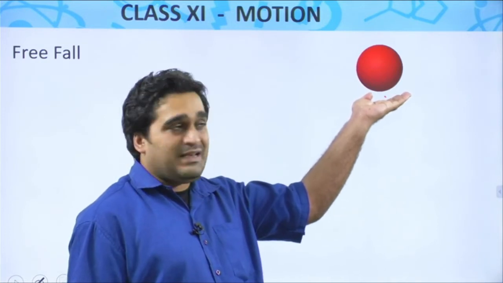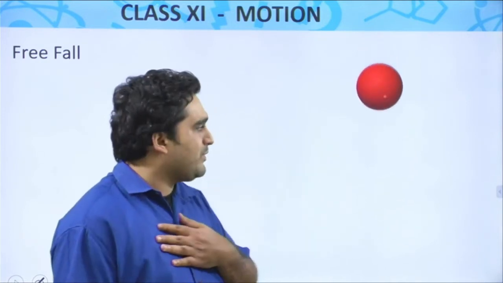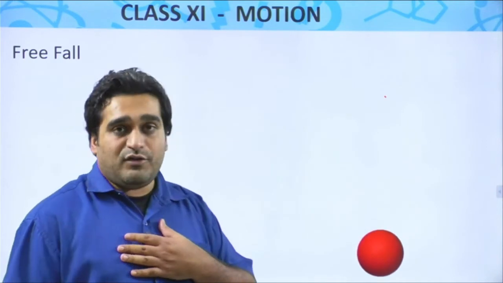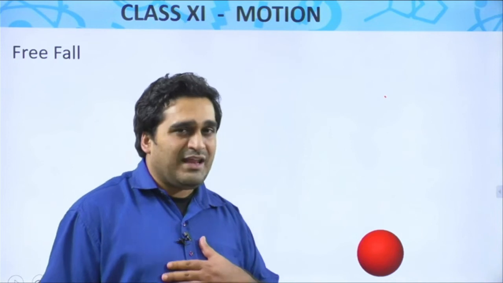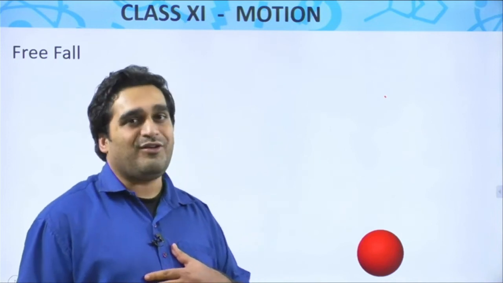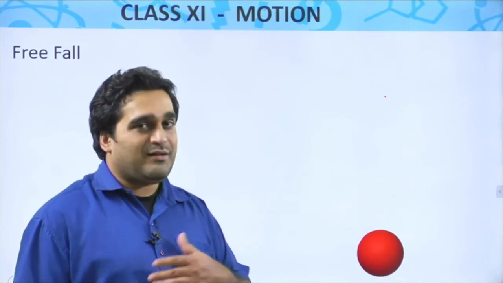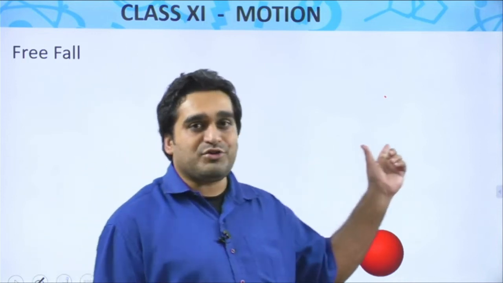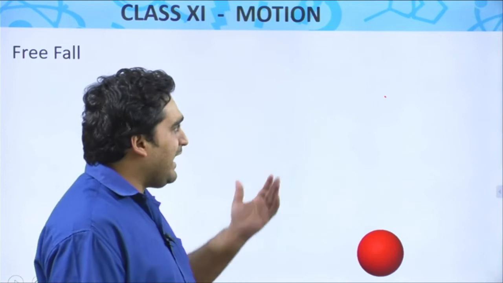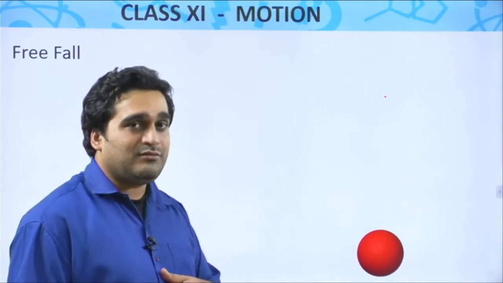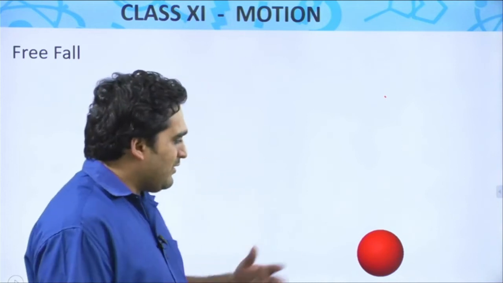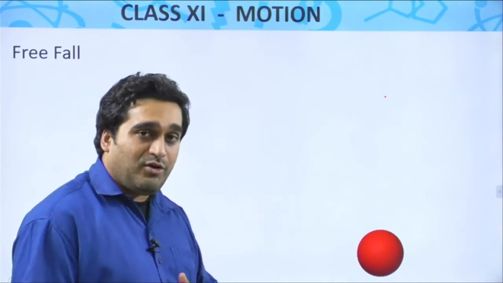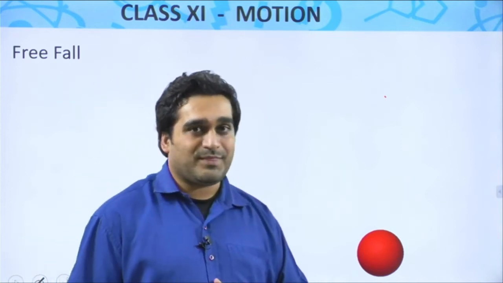But once I let go of the ball, it falls to the ground. Now you tell me, under what influence does the ball fall? Certainly, I did not push the ball down. I did not see the angels pushing the ball down. So what could be the reason why the ball falls to the ground?